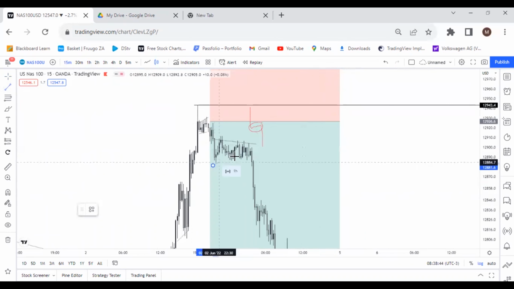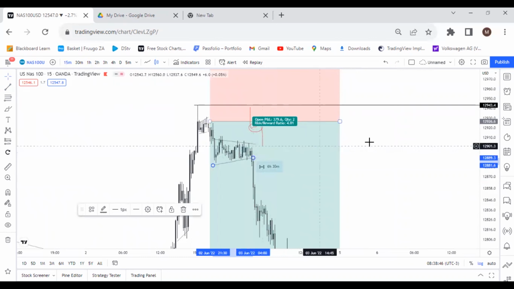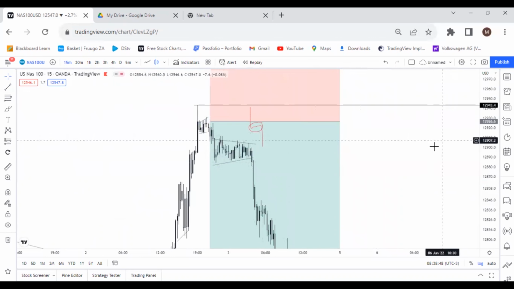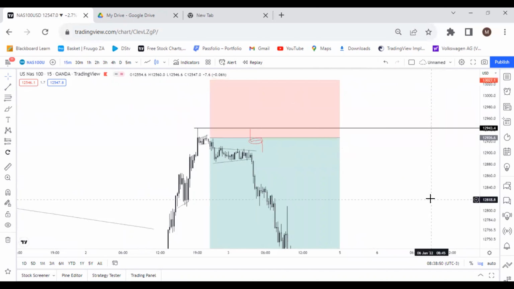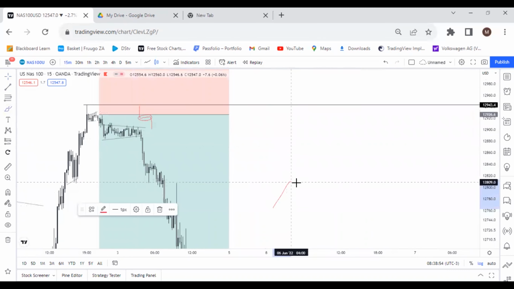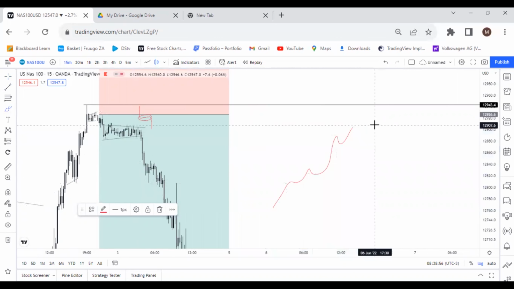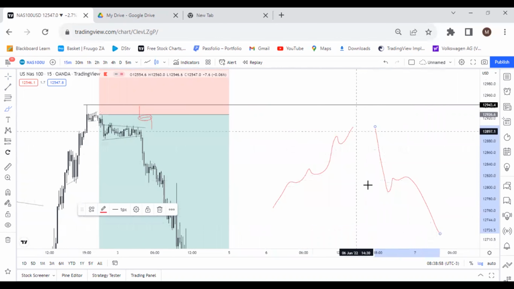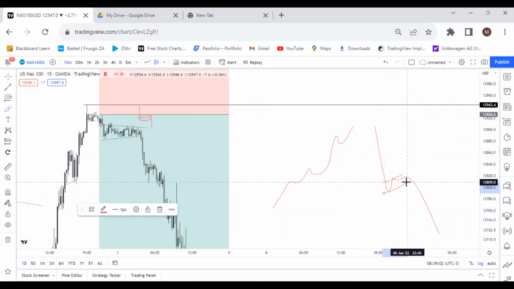So this works whether the market is trending upwards or downwards. You just need to spot these corrections at a reasonable level, and then you just trade them.